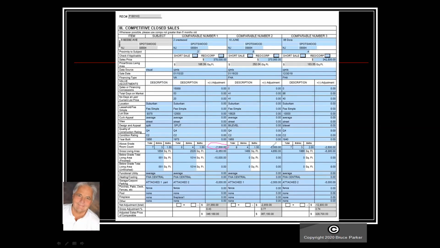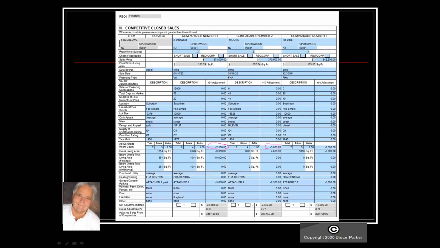Here we've also subtracted for superior, but the house is a little bit smaller, so we've subtracted a little bit less. How do you know how much amount to subtract? There is a book that costs $750 that the appraisers have that tells them exactly how much to subtract for every kind of house in every kind of price range with factors for age. How do I do it?